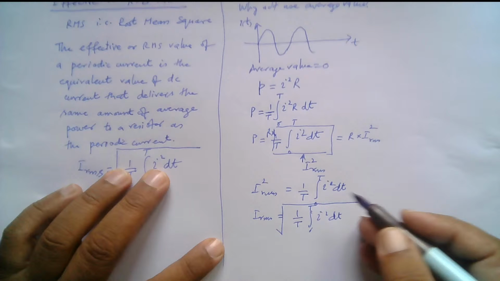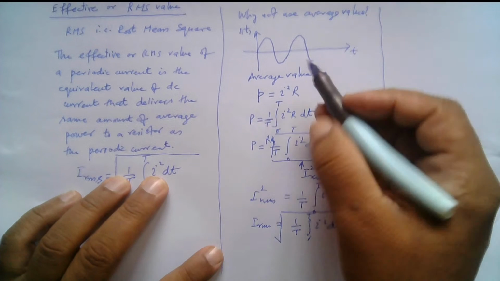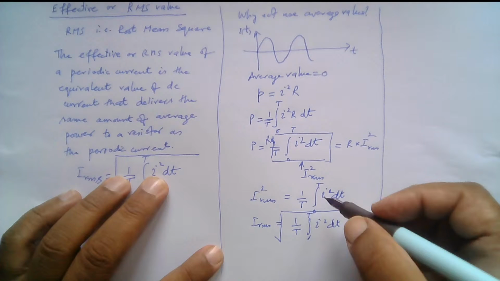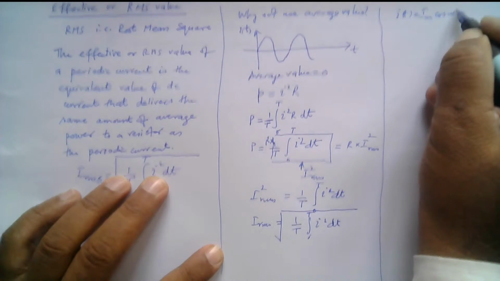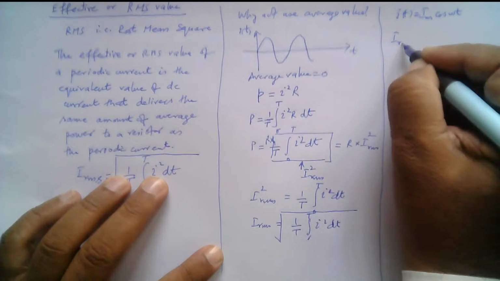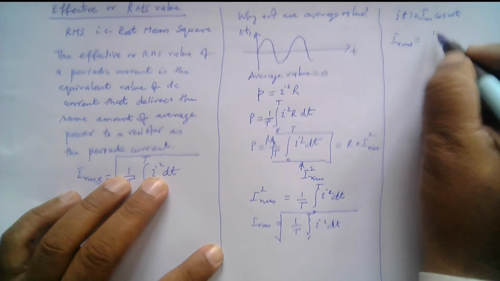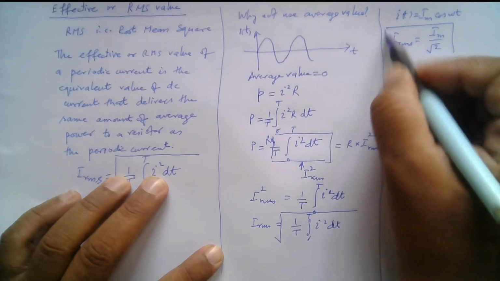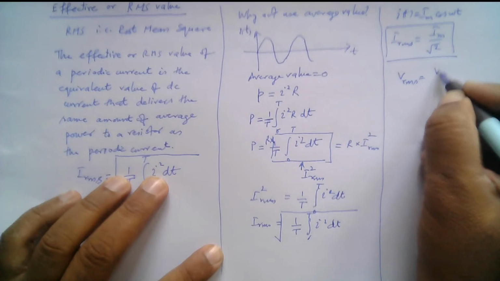The voltage and current we usually use are sinusoidal, and we can put in the value of i of t equal to Im cos omega t here, and then find that the RMS value of a sinusoidal current is given by Im divided by square root of 2, and Vrms is given by Vm divided by root 2.